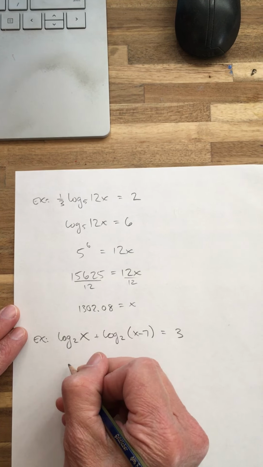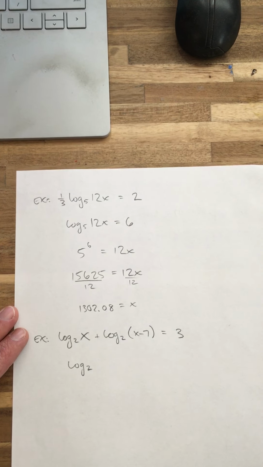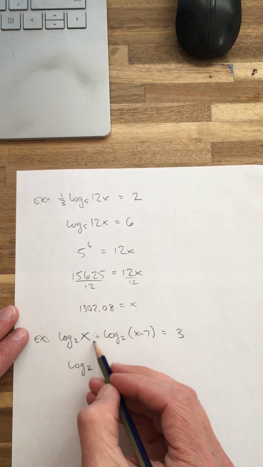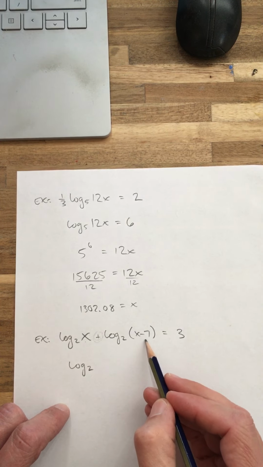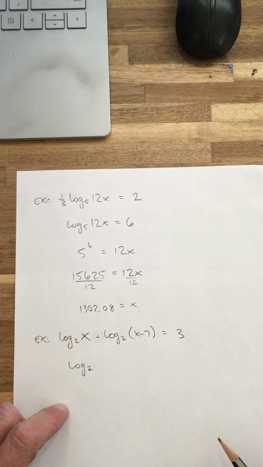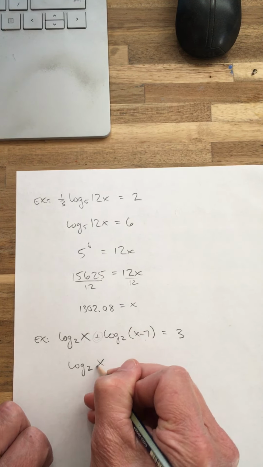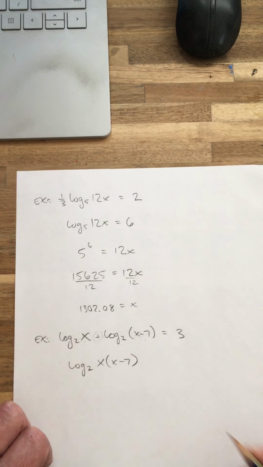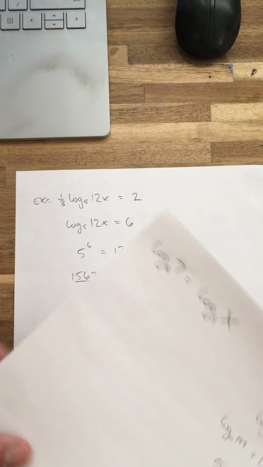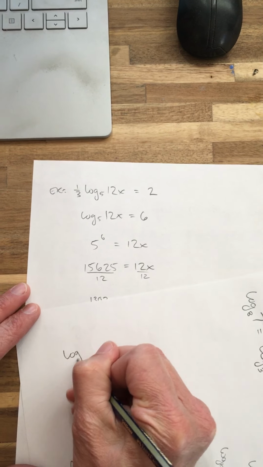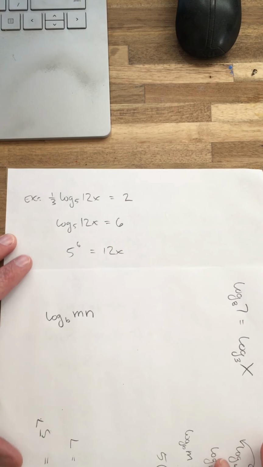So this is going to be the log base 2 of something, right? We're condensing it into 1. Now if you notice, it's a plus sign in between the 2. So it means that if I condense it, this x and this x minus 7 are going to be connected by multiplication. So this is the log base 2 of x times x minus 7. Here, let me show you this. Remember how we did this? If I had the log base b of m times n, and I said, hey, let's expand it.